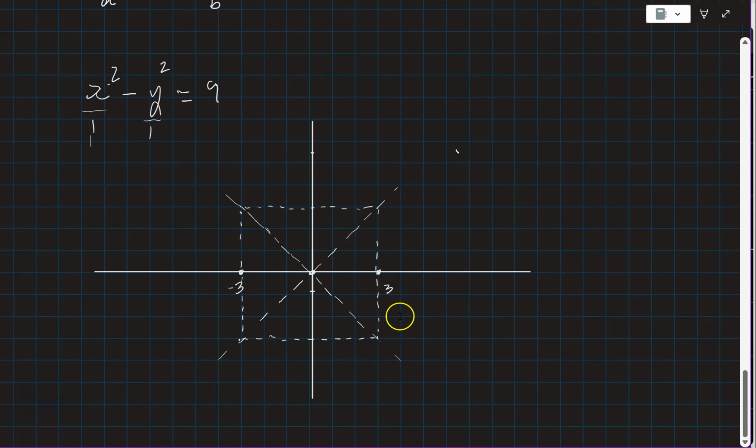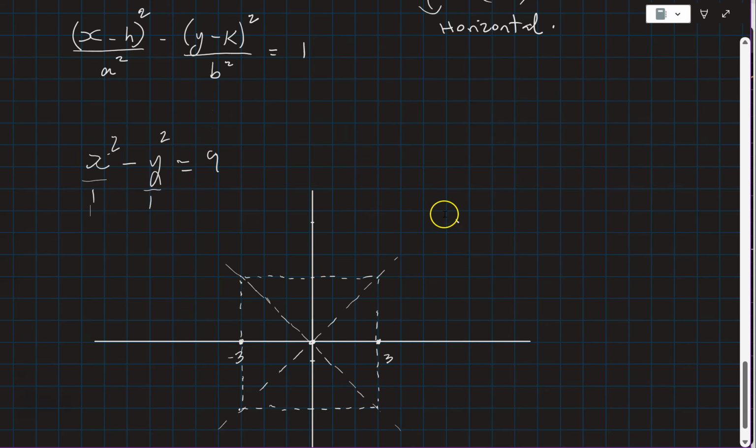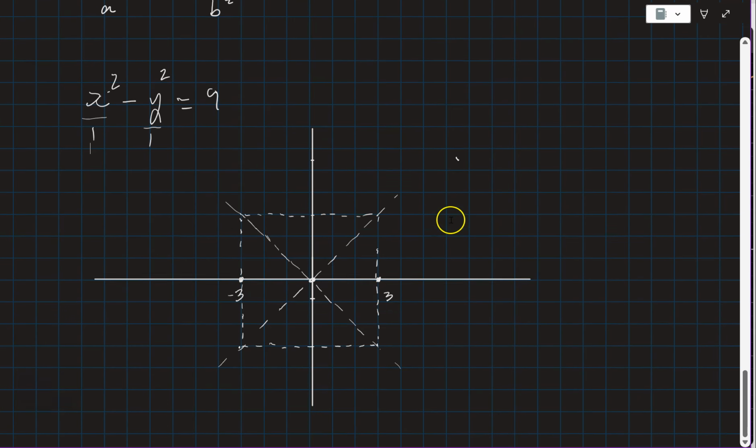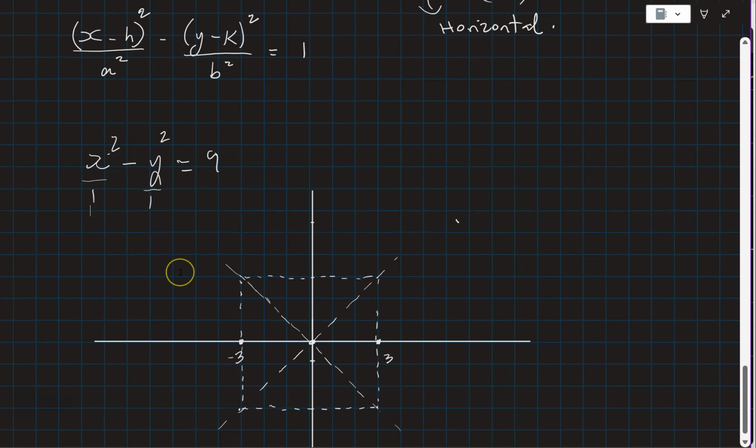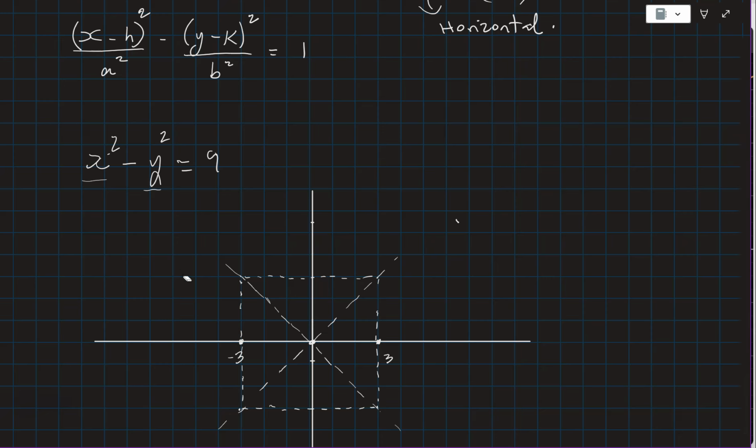In order to graph this a little bit accurately, we need at least 4 other points, and that's very easy because it's just a rectangular hyperbola, and it's symmetrical, always is. So we can use values that you plug in for x and y that give 9 based on that operation.